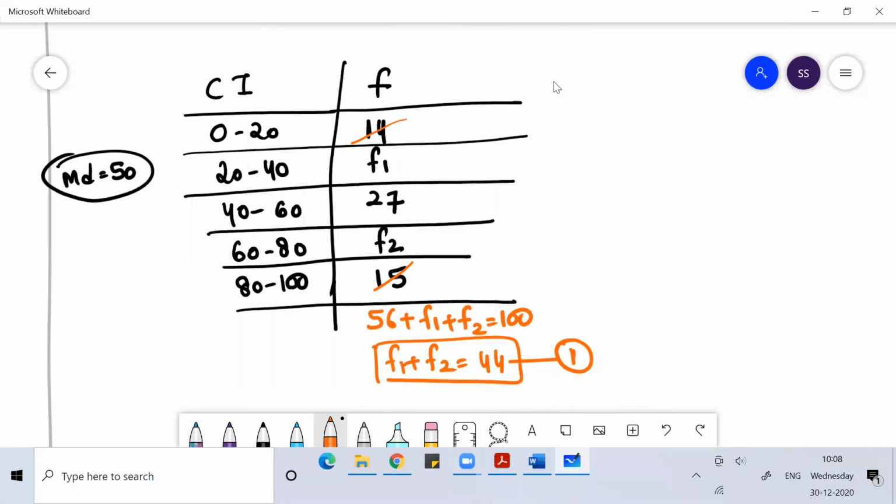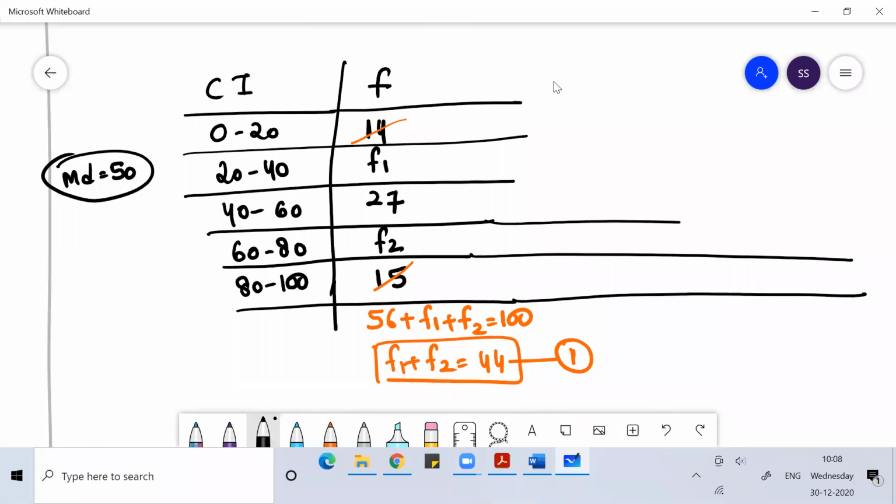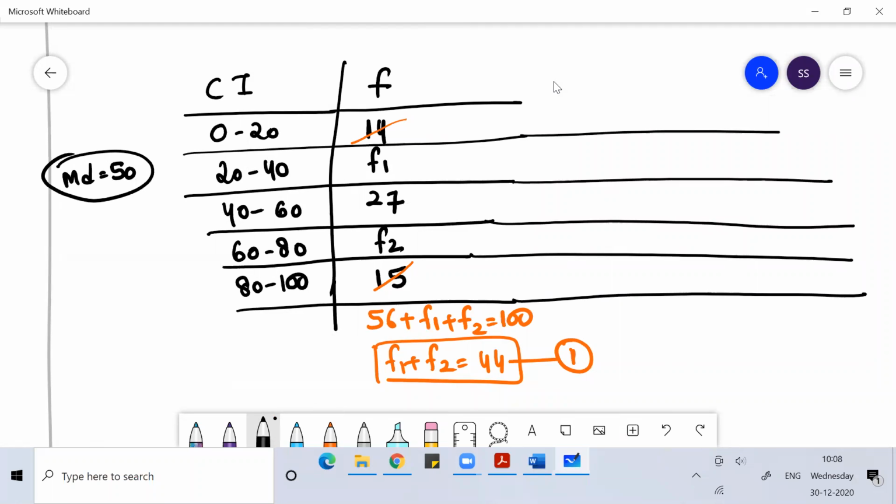Going further, whenever you have to do median calculation, you have to always write the data in the form of less than class interval with less than cumulative frequency.